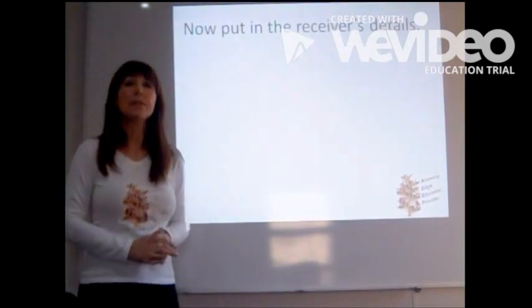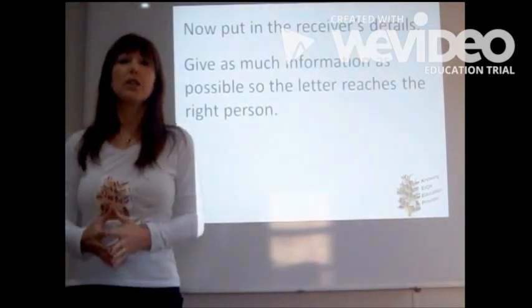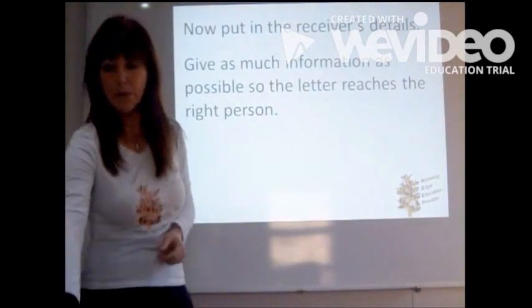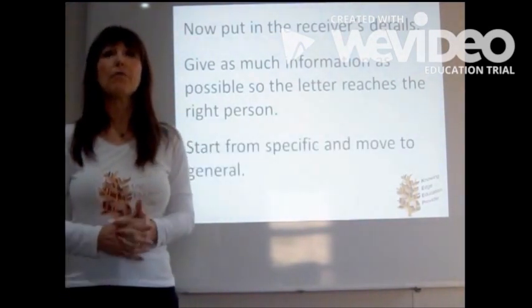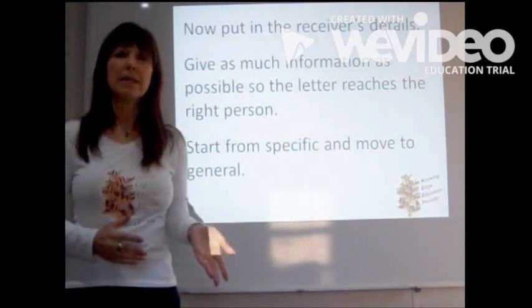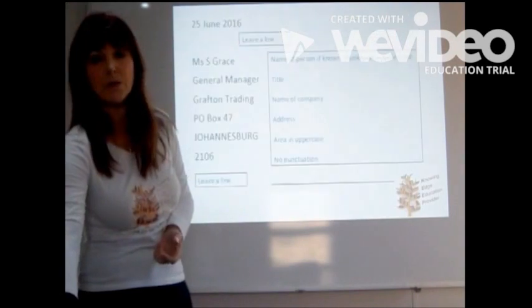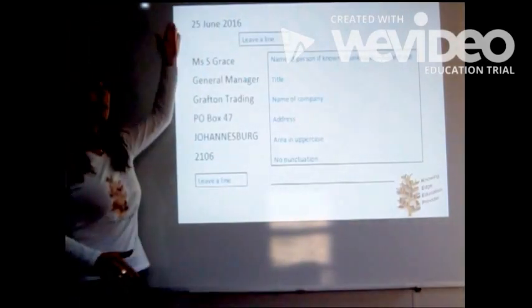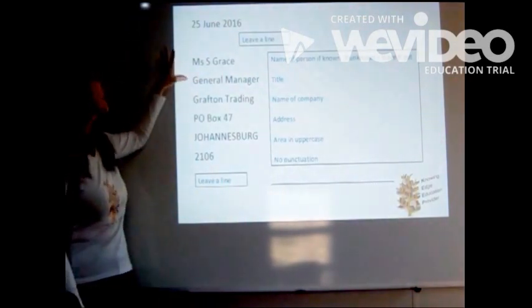We now put in the receiver's details, and we give as much information as possible, as this will allow the letter to get to the correct person. And we start with the most specific information, like the person's name, and move to general information like the postal code. So we have the address, we leave a line, the date, we leave a line, and then we put in the address.